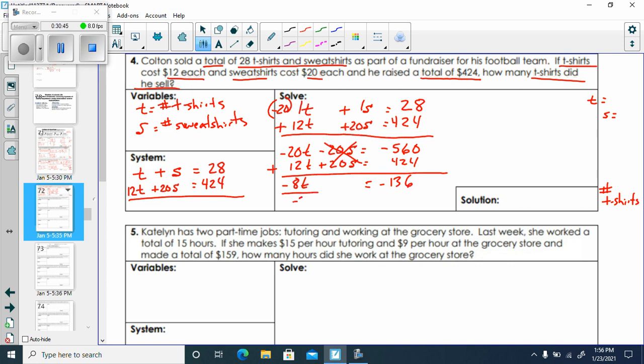Let's divide both sides by negative 8, and t would be 17. This tells me I would have 17 was t, number of t-shirts. And then what I'm looking for is how many t-shirts did he sell? He sold 17 t-shirts, right? Okay. I always look back to say, what did they ask me for?